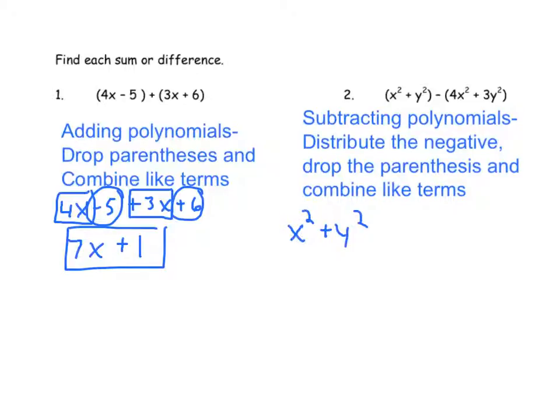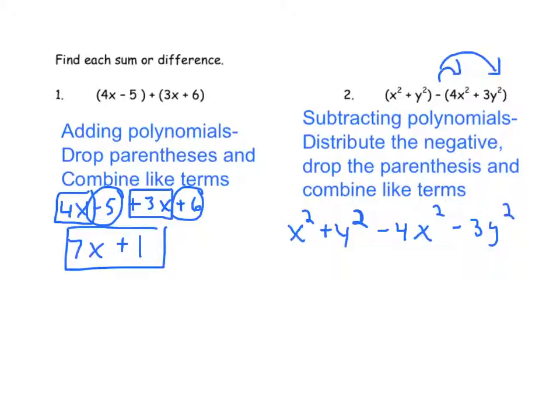First, I drop the parentheses to the first term, and then I'm going to distribute the negative to the second polynomial. So I would get a -4x squared minus 3y squared. So now I need to combine any terms that are alike.